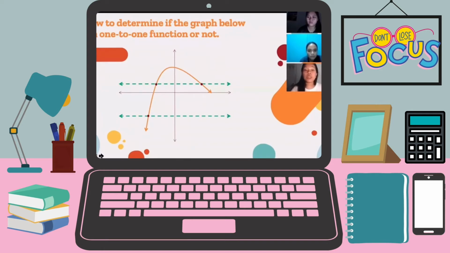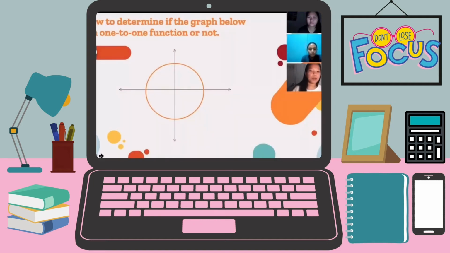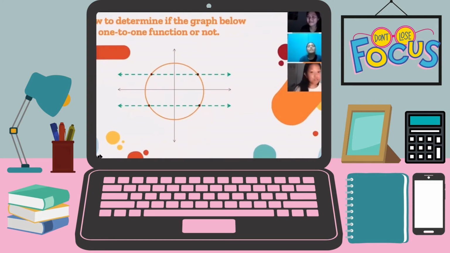But if we draw a vertical line, it's still not a one-to-one function. Did you get it? Yes. So let's proceed to another example.